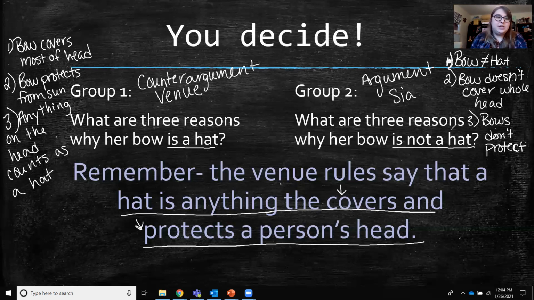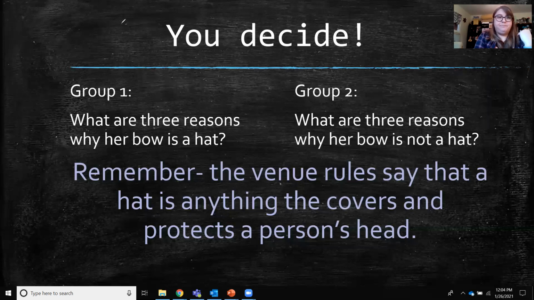So what we want to keep in mind is that as you are writing and reading, it doesn't matter if you agree with that person or not. What matters is that you are using the information to come to a good conclusion, and you are using the information given to build good arguments. So we want to make sure we're taking our personal feelings out before we keep going.